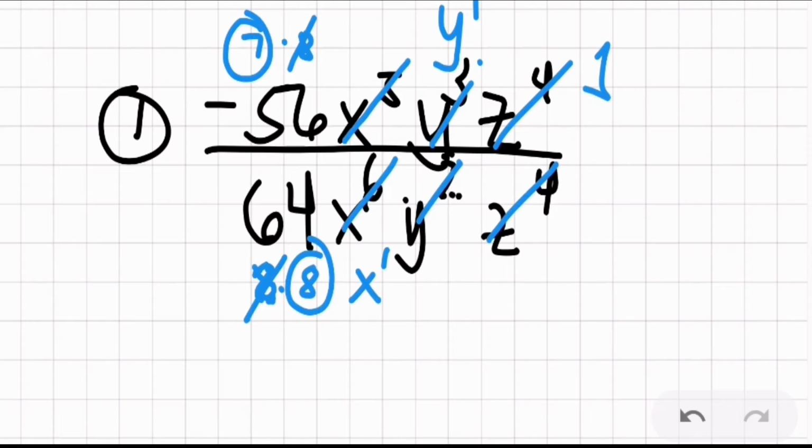With that, we now have our answer, which is negative 7 times y over 8 times x. Don't forget the negative sign, since 56 is negative. No need to put a power of 1, because it is understood that if you have one variable, then you only have one copy of it.